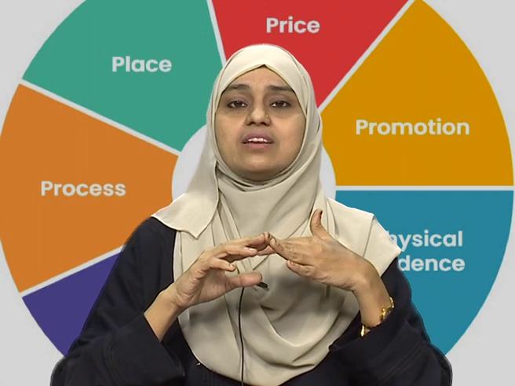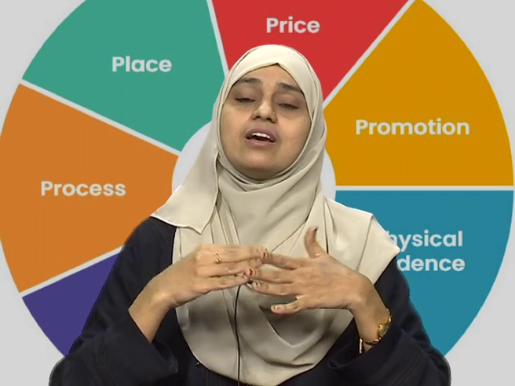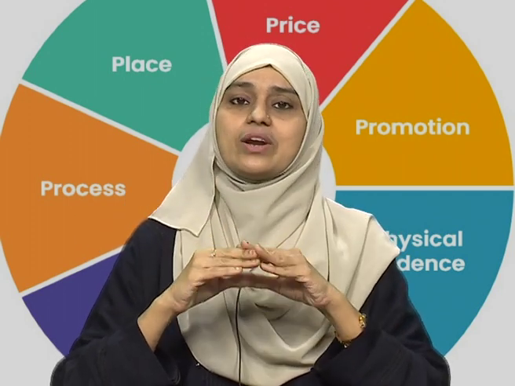Second P, which is price, where you talk about how companies are pricing the product, because when you enter into the market, you may have skimming pricing, penetration pricing. Similarly, you can have prices which can be different depending upon competition, consumer demand, all those things. So pricing again is a strategy.